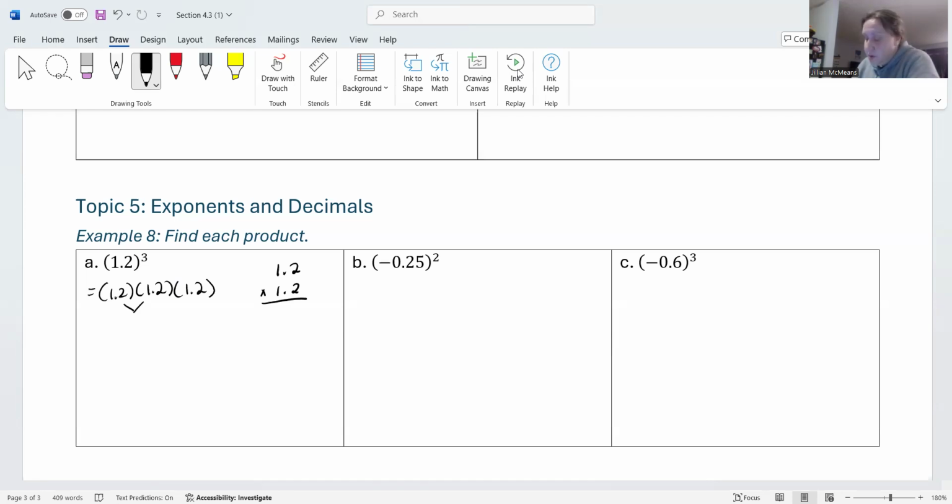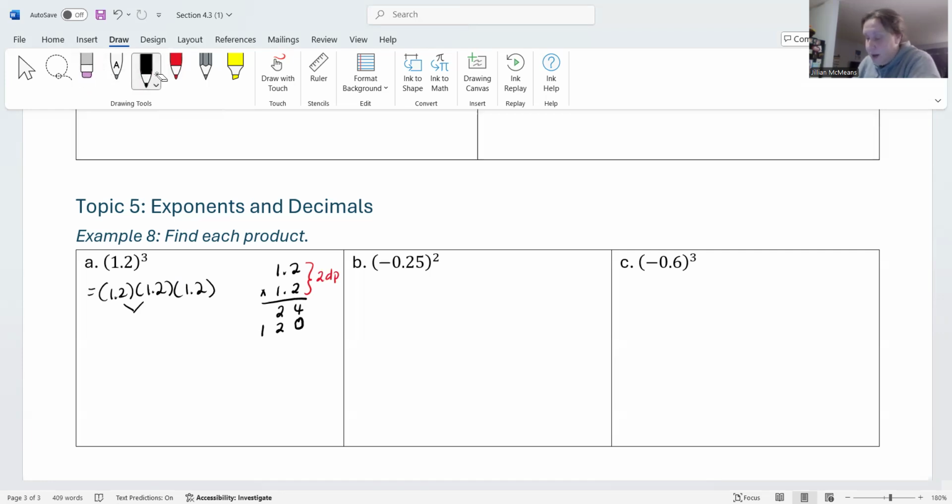So 2 times 2 is 4. 2 times 1 is 2. I've finished multiplying by 2. I need to put my 0 placeholder here and then go back and multiply by 1. 1 times 2 is 2. 1 times 1 is 1. And hopefully we're getting better at understanding the decimal point and where it goes in our product. So for my factors, I have 2 decimal places, which tells me I need 2 decimal places in my final answer.